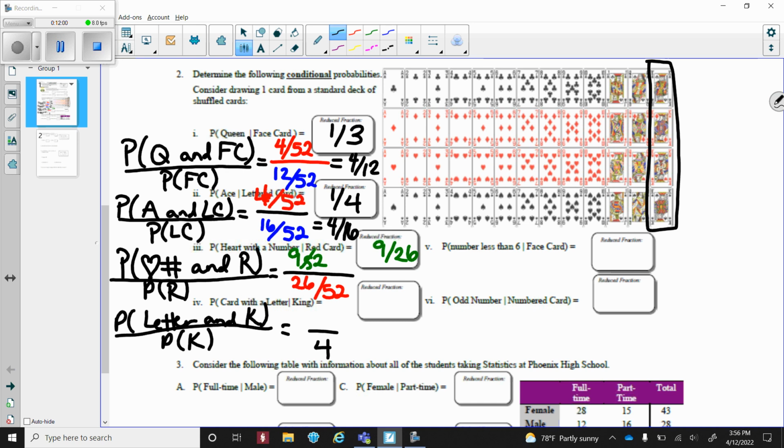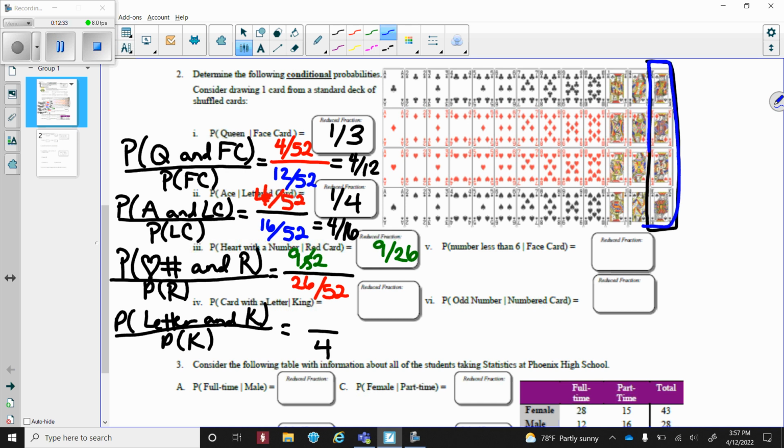We also need to figure out for the top, what about cards with a letter? How many different cards are there with a letter? And not only that, but how many of them are kings? Well, kings are considered letter cards. So just like how a queen is considered a face card, a king is considered a letter card because it has the letter K. So the probability for the top of this fraction is going to be the exact same.